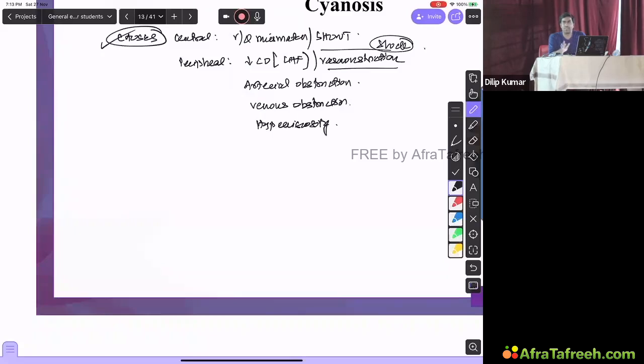Water versus oil, which will flow faster? Obviously, water. Oil will flow slower because of hyperviscosity. Same thing. What are the examples of hyperviscosity? Multiple myeloma because of immunoglobulins, or polycythemia because of more RBCs. Hyperviscosity. And many other conditions can result in peripheral cyanosis like MS, very, very important.